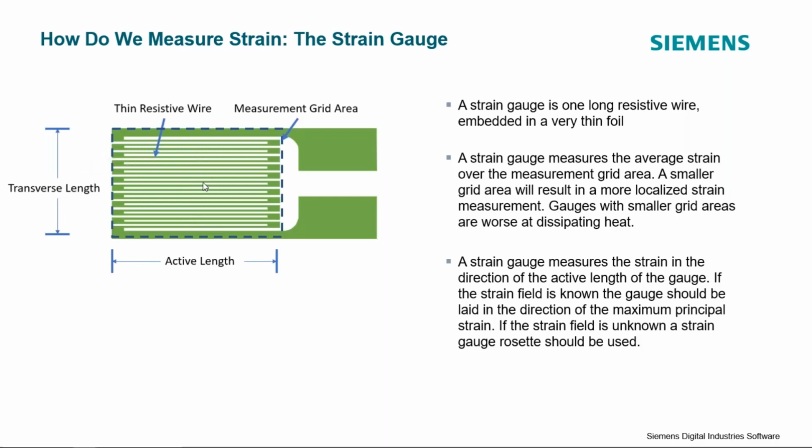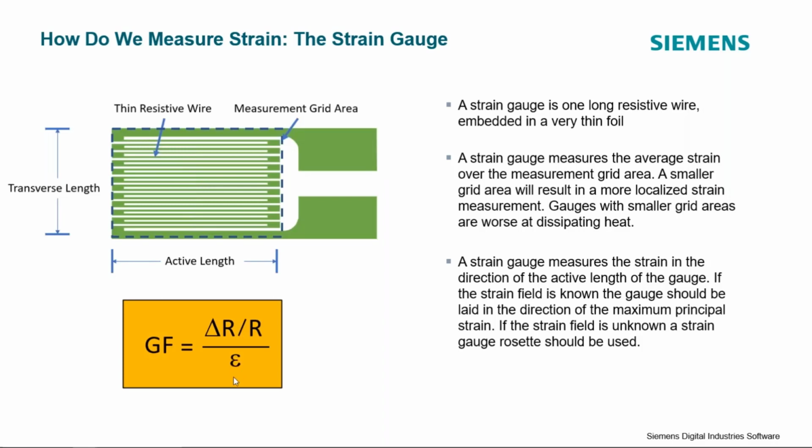Now, that change in resistance can be related to the strain by a quantity known as the gauge factor. So the gauge factor of the strain gauge is equal to the change in resistance of the gauge divided by the nominal resistance divided by the strain. So using this relationship, when the gauge has a certain change in resistance, we can identify the amount of strain that caused that change in resistance.